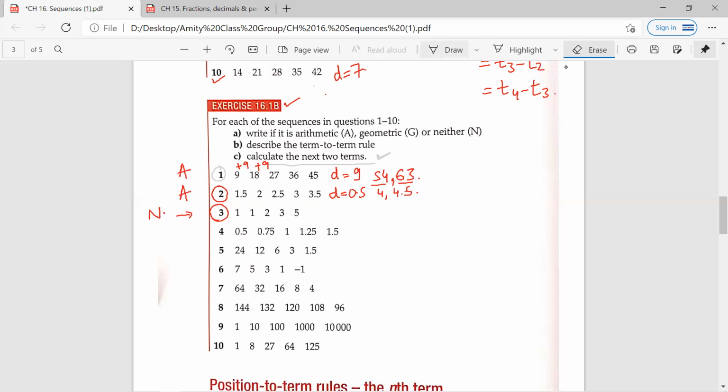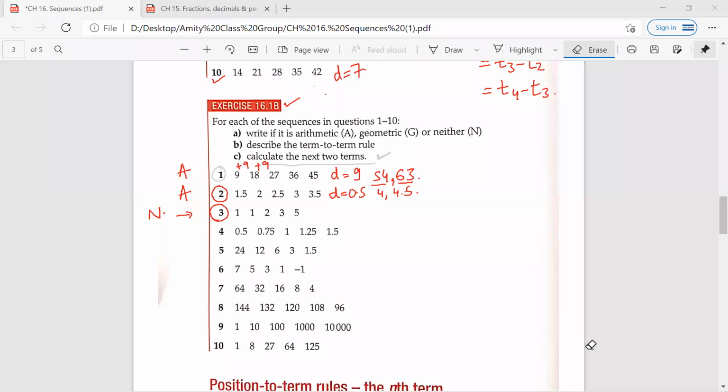See, one way is to follow your logic. The difference here is 0, here it is 1, here it is 1, here it is 2. This is one logic. Other logic is 1 plus 1 is 2, 1 plus 2 is 3, 3 plus 2 is 5.